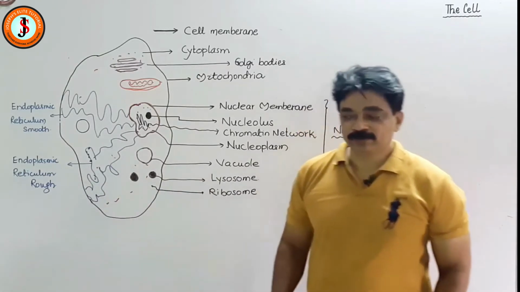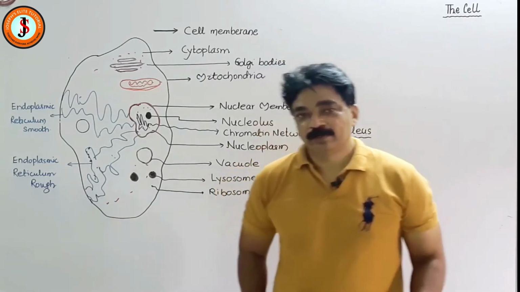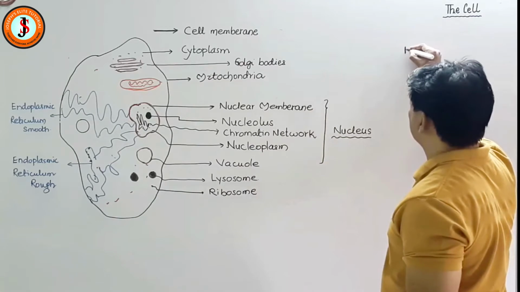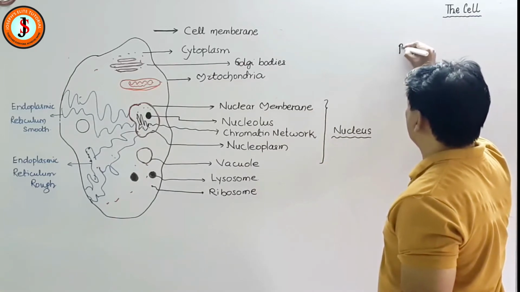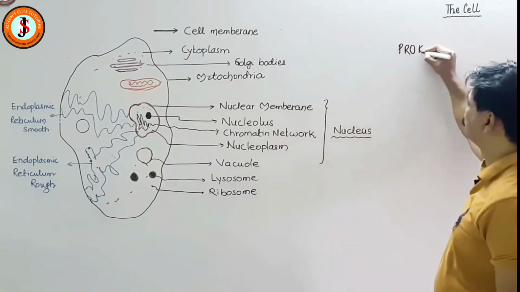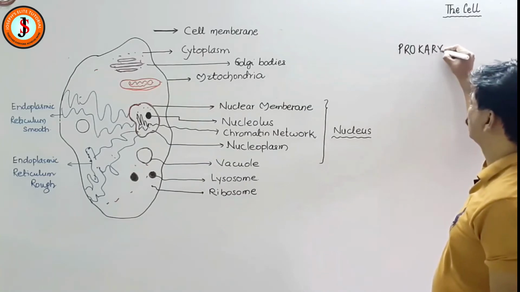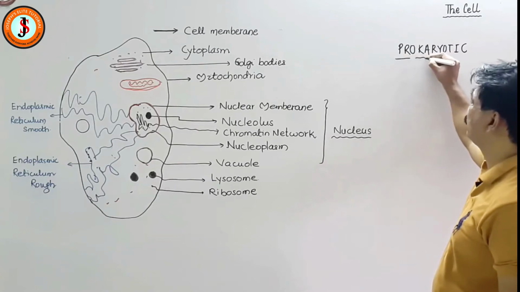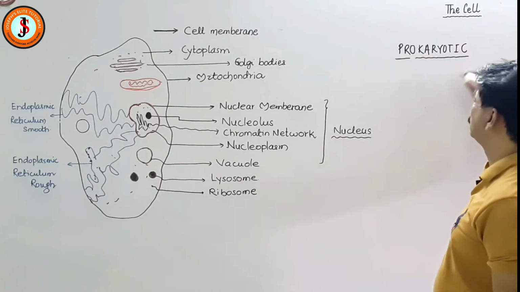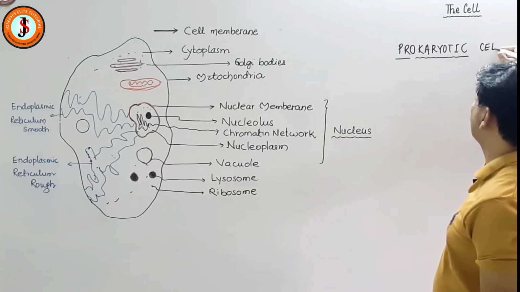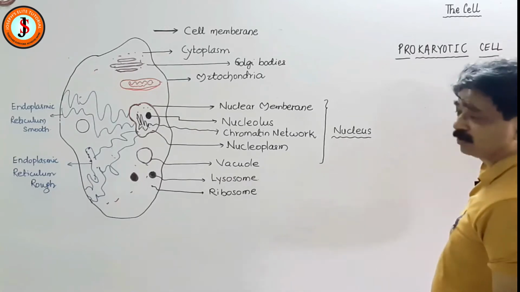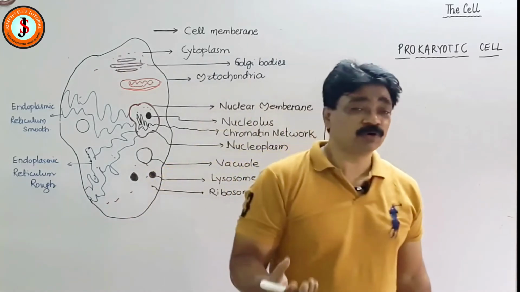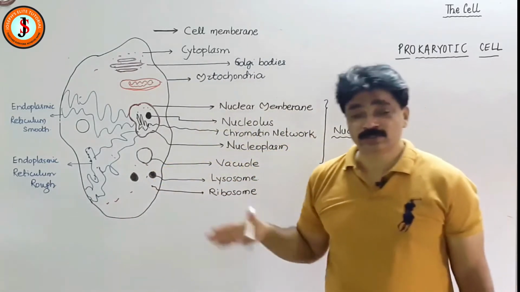Now remember, the first thing we have to understand is that there are two types of cell. One is called prokaryotic. Pro means first or primitive, and karyon means nucleus. So the prokaryotic cell does not have a well-defined nucleus, or the nucleus may even be absent. It will just contain the DNA material found inside a nucleus.